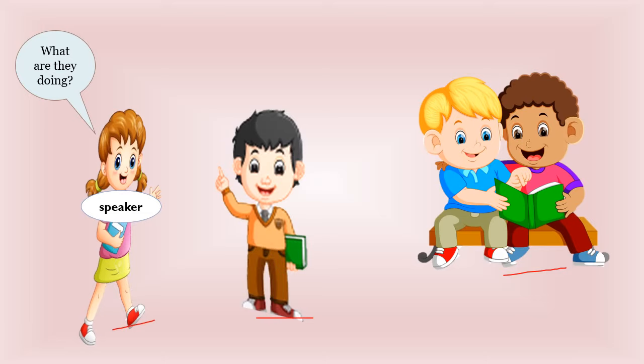So she is the speaker here. First person speaker will be I or we. Like right now, who is speaking? I am speaking. So I is a personal pronoun, a first person pronoun. Now in the second, who is listening?